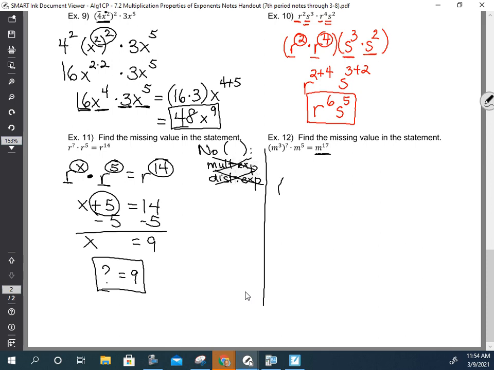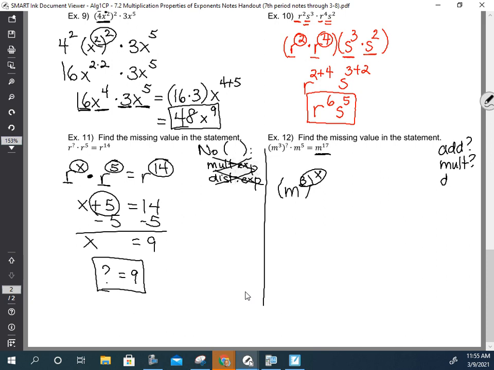So let's start with this parenthesis. M to the 3rd raised to the question mark. So the question mark means that's something I don't know. So we're going to make it an x. I mean, if you left it as a question mark, that's fine. So I've got 2 exponents sitting next to each other. What do I do with 2 exponents that are sitting next to each other? Am I going to add them? Am I going to multiply them?